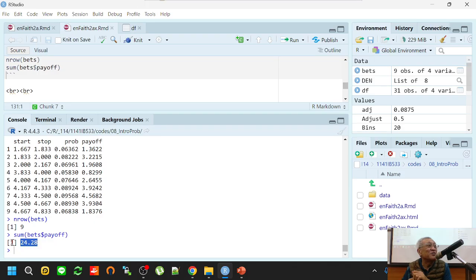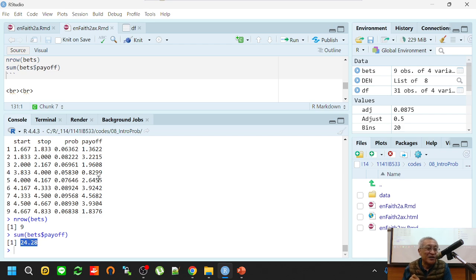24.28. Okay, the rule is more flexible, compared to the net payoff of 17.6, where you only had a choice on a 1-minute period of time. You now can actually bet on every bet.